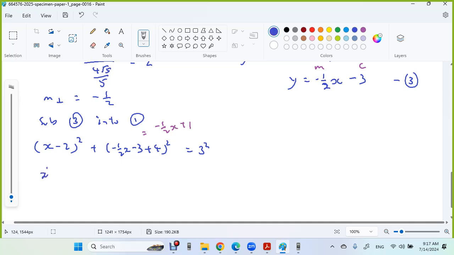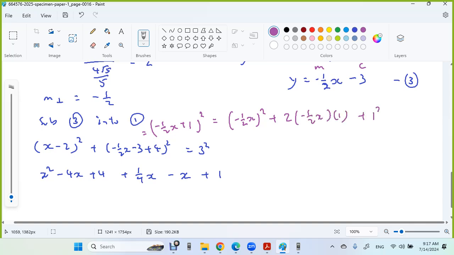So we have x squared minus 4x plus 4, and then plus (negative half x plus 1) squared. When I square this, it will be negative half x squared plus 2 times negative half x times 1 plus 1 squared.